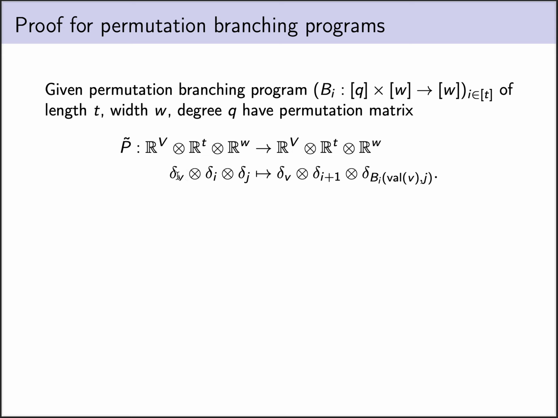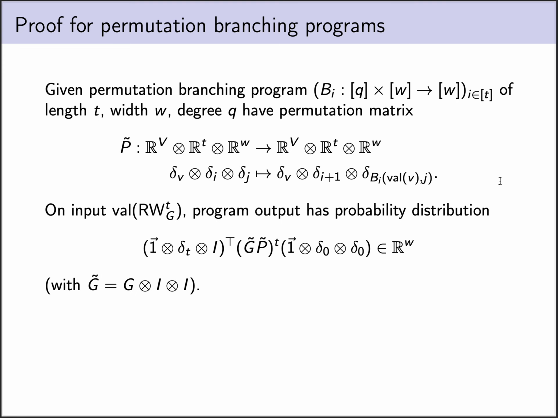So it maps the tuple corresponding to a vertex v, a step i, and a state j, to the tuple corresponding to the same vertex v, step i plus 1, and the state given by applying the program at step i, with input given by the label of vertex v, to state j. So essentially, P tilde here is a permutation matrix that encodes the program.